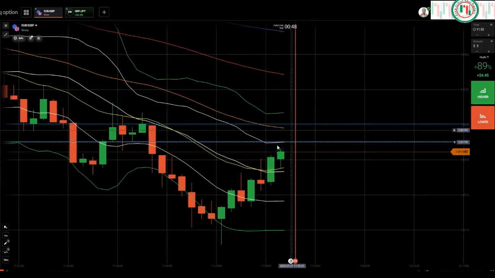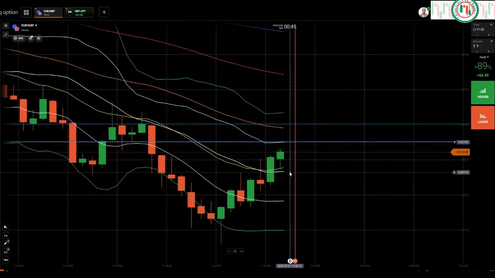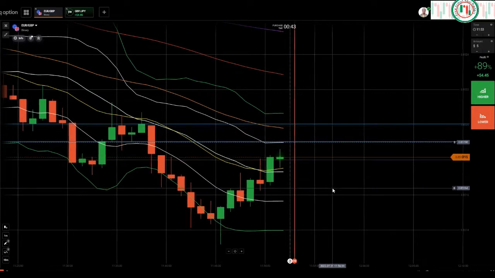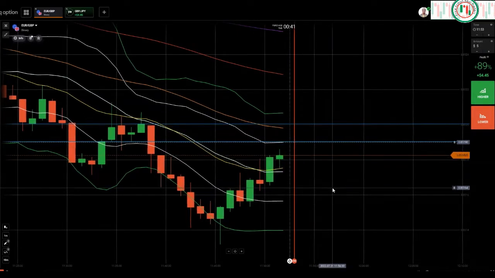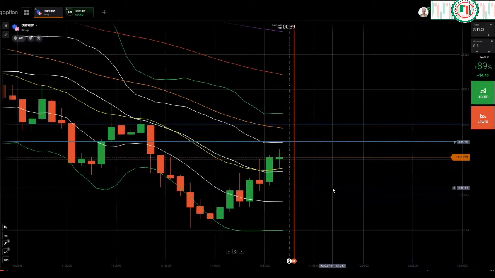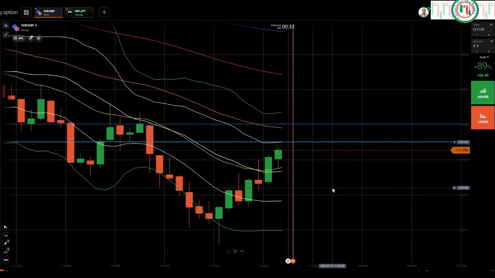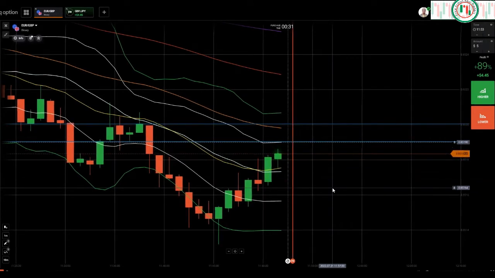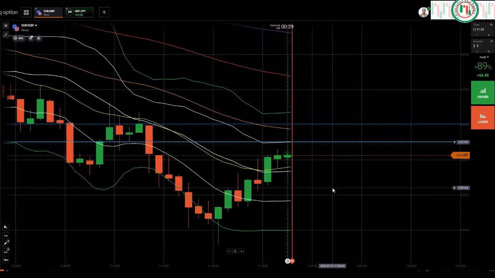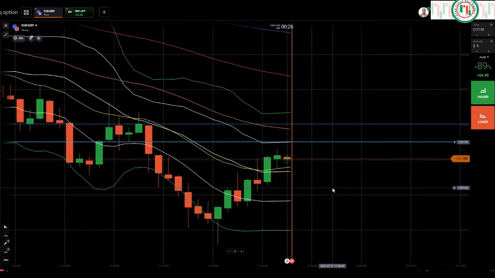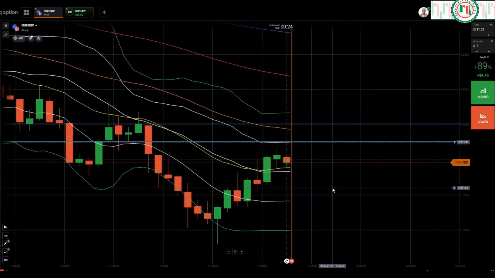If market touches this zone and rejects, then I will place my trade. So you must wait. If you cannot wait, you cannot make money in this market. It's a matter of waiting.